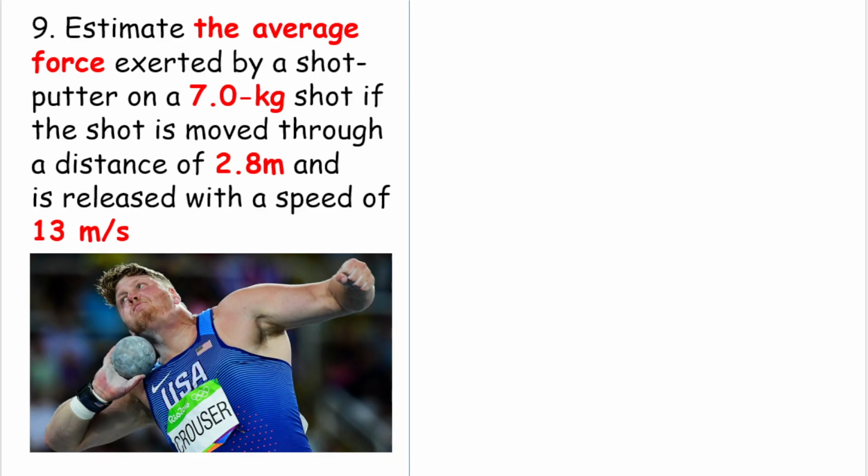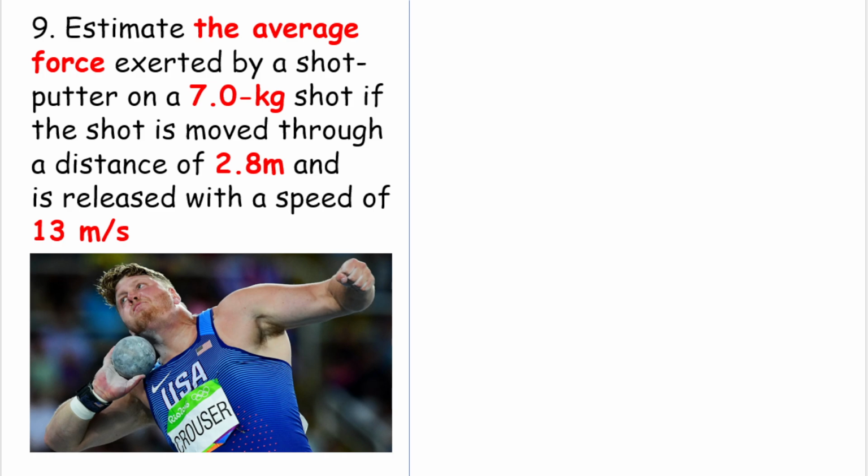So the question is: estimate the average force exerted by a shot putter on a 7 kilogram shot if the shot is moved through a distance of 2.8 meters and it is released with a speed of 13 meters per second. If you don't know what a shot put is, it is a sport in the Olympics where someone throws a heavy ball.